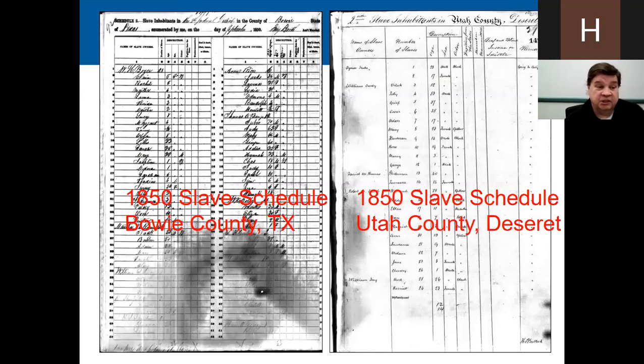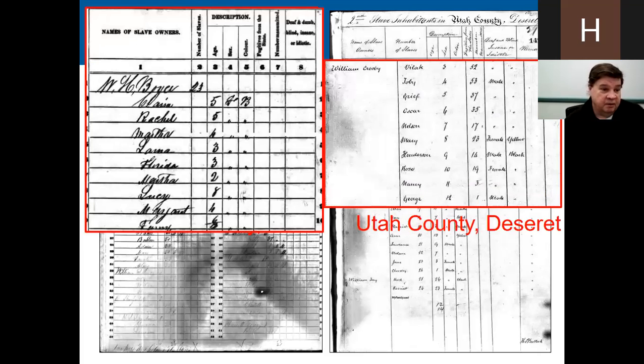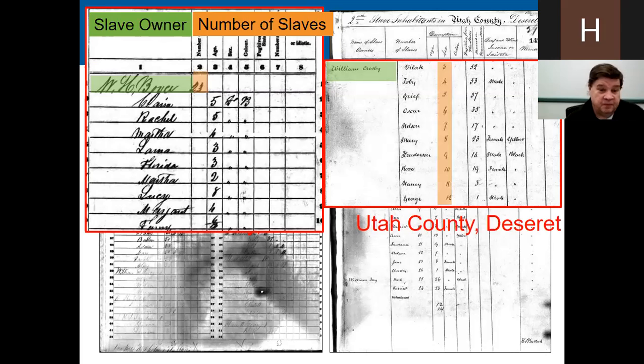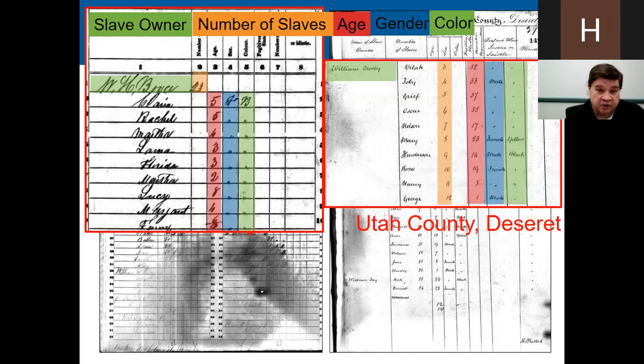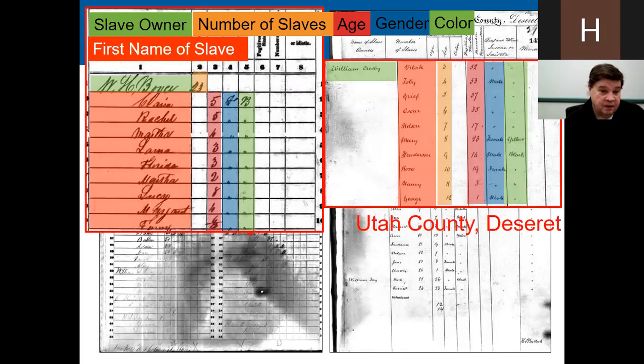However, they didn't always do it right. Here's an example from Bowie County, Texas, and another one from Utah County and Deseret. In both of these, they list the name of the slave owners, the number of slaves, the age, gender, and color, but they also list the first name of all the enslaved people.